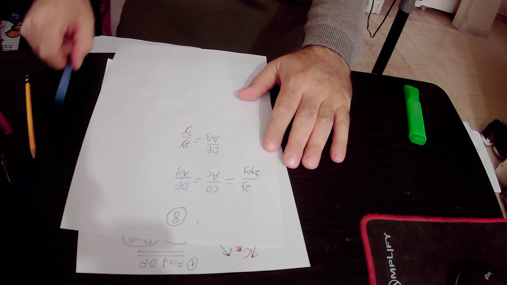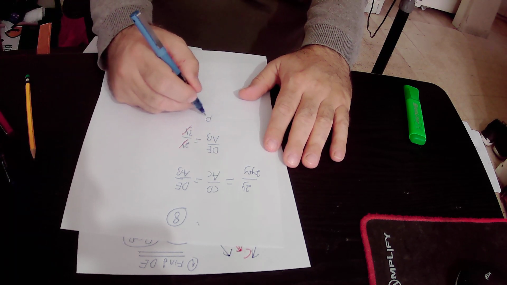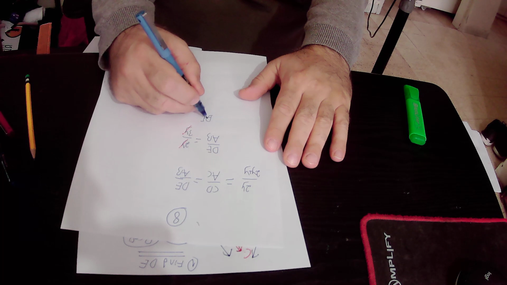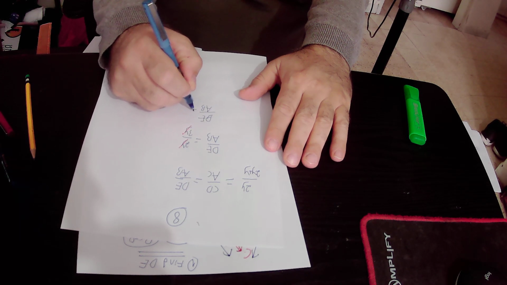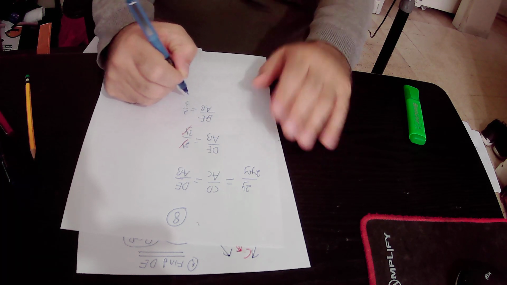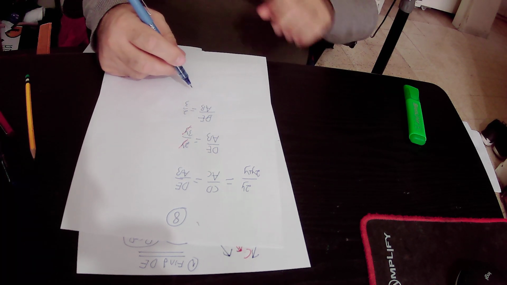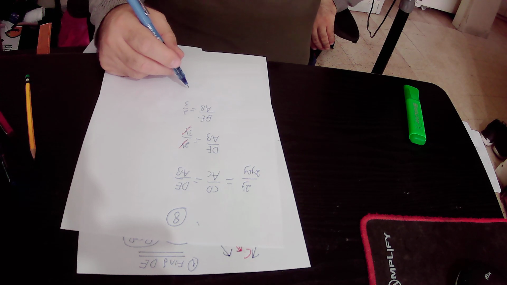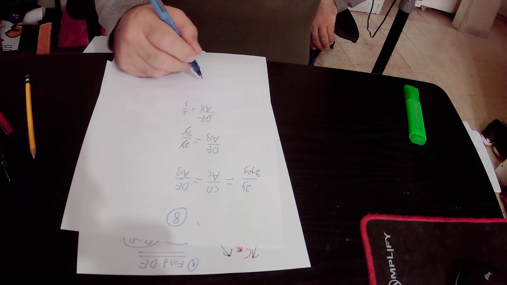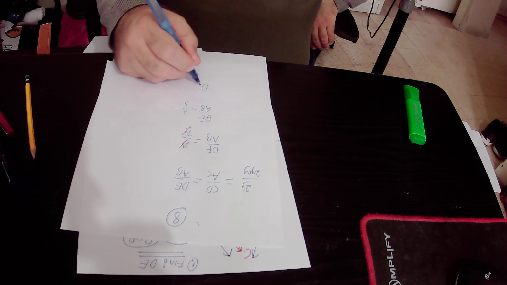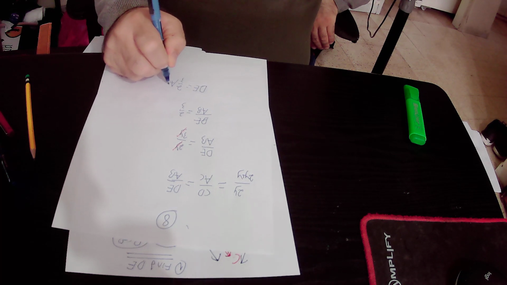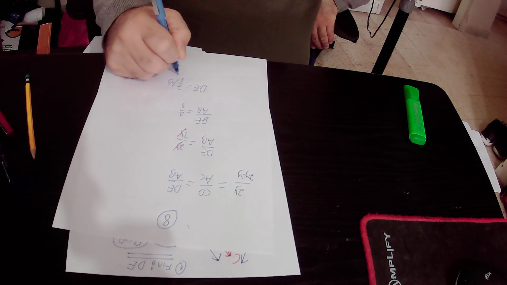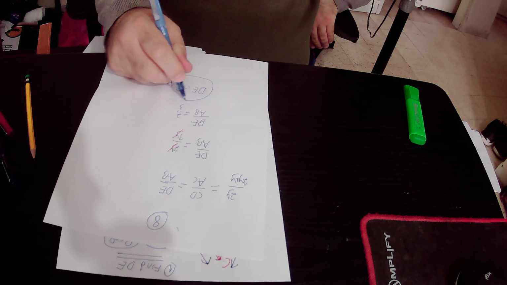So in total we got that DE over AB equals 2/3. Here we will multiply this equality by AB and we will get that DE equals 2/3 AB. So we found out that DE equals 2/3 AB.